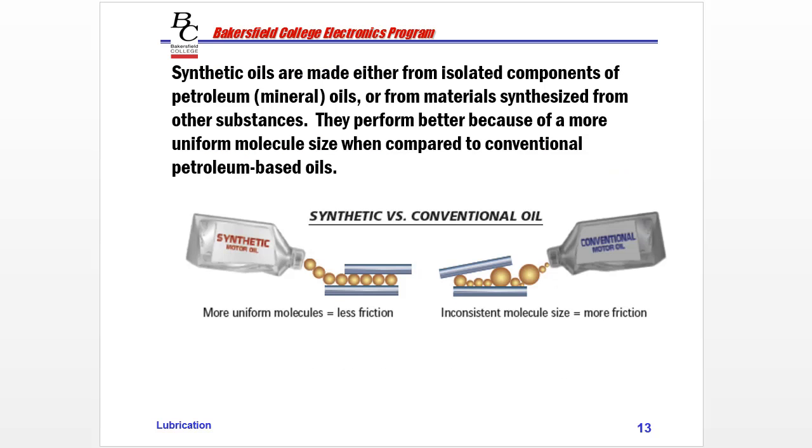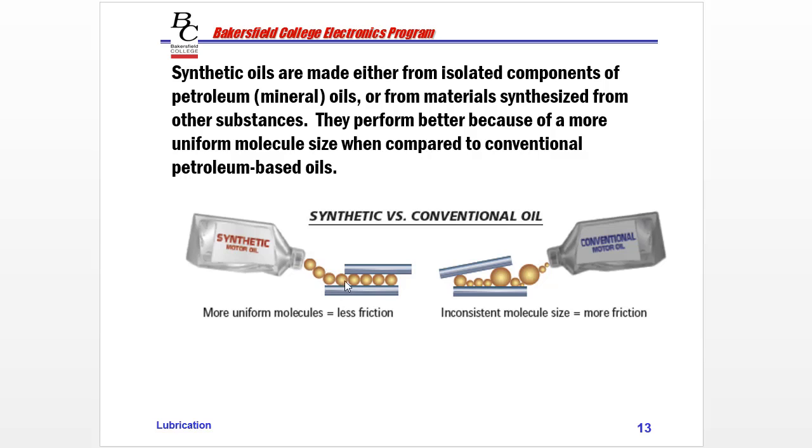Now let's take a look at the difference between synthetic and conventional oil. So we already said that the synthetic oils are made from components of petroleum or from other materials, and they perform better because of a more uniform molecule size. So you can see the molecule size is more uniform. Now this obviously is microscopic, what we're looking at.